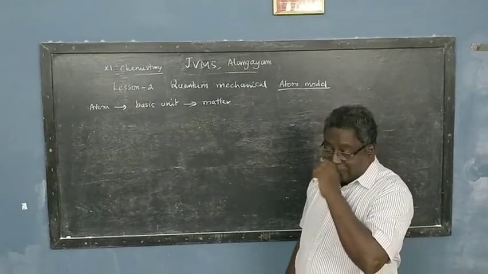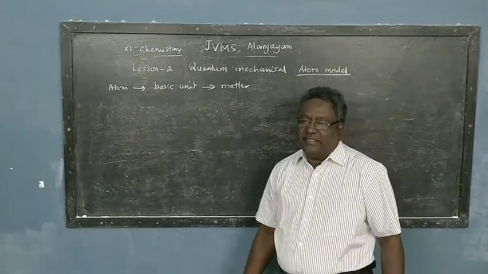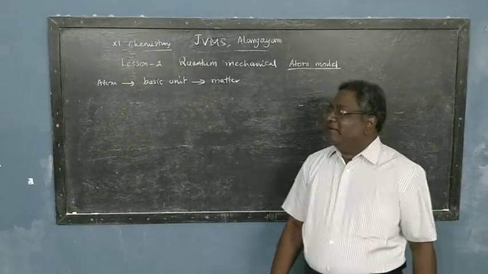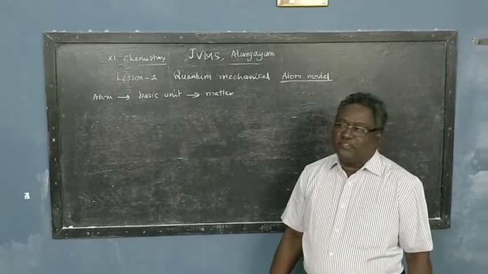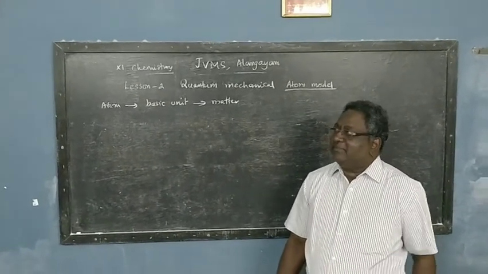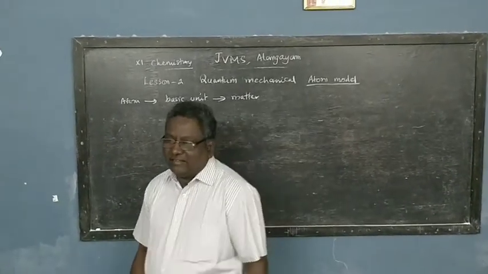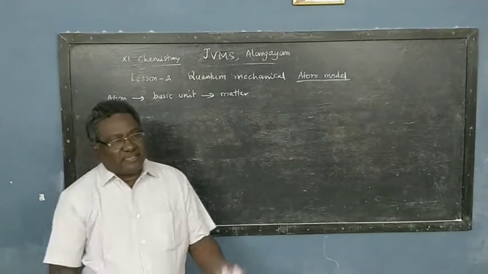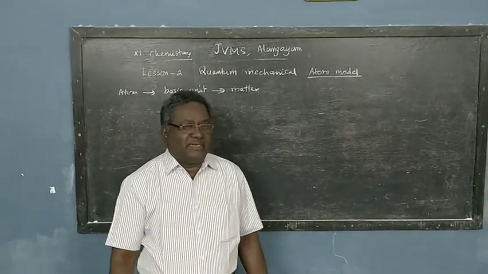In Greek, this atom word is taken from Greek word atomi, which means non-divisible, right? So when you say atomi in Greek, it is non-divisible. First they thought this is the smallest particle in the world, it cannot be further subdivided.